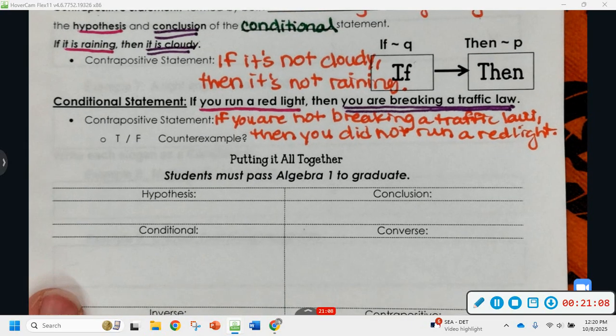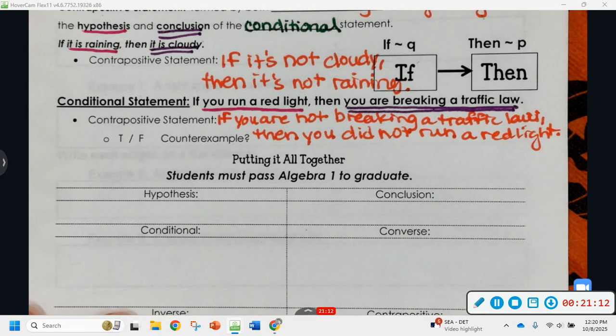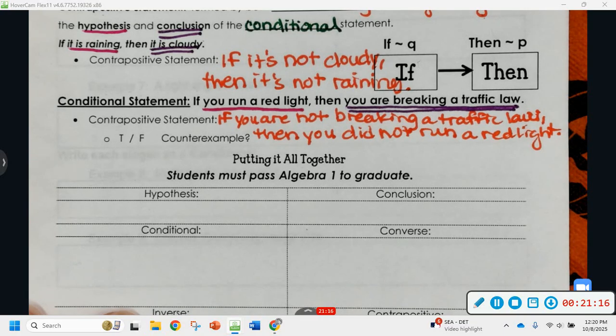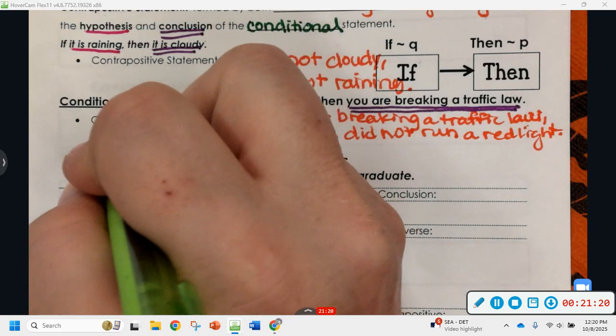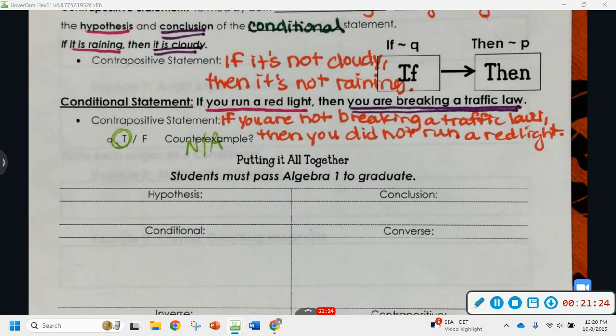So if you did not break a traffic law, it is not possible for you to be running a red light, because we know running a red light is actually breaking it. So the contrapositive should be true, and when it's true, there's not a counterexample.